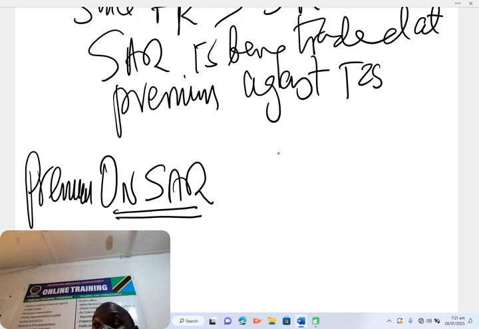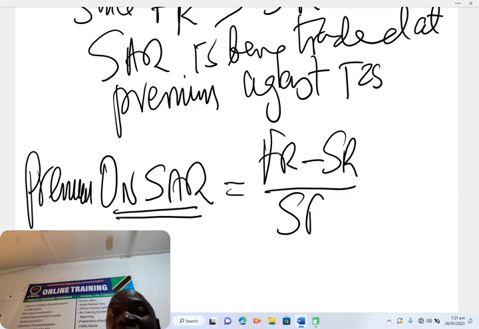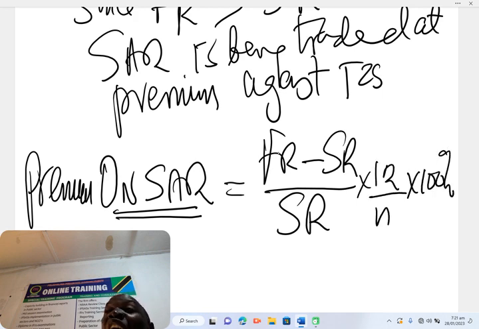Meaning, when the South African rand is a trading currency, the premium is equal to forward rate minus spot rate divided by what? Spot rate. You remember that one. So you multiply 12 over n times 100%, you annualize.